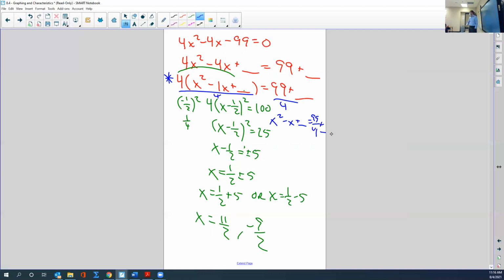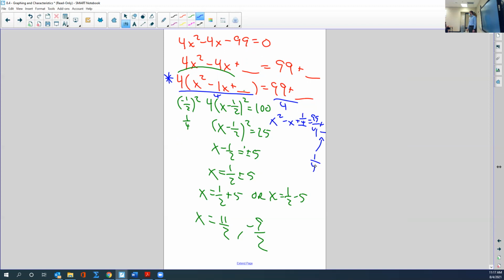And then you can complete the square normally. Half of this is still 1/2. 1/2 squared is 1/4. So we would add 1/4 here, and we would add 1/4 right there. And then that just becomes 100 over 4. Doing the same math, just in a slightly different manner. So whichever way works best for you. Like I said, there's no one way to do some of these things.